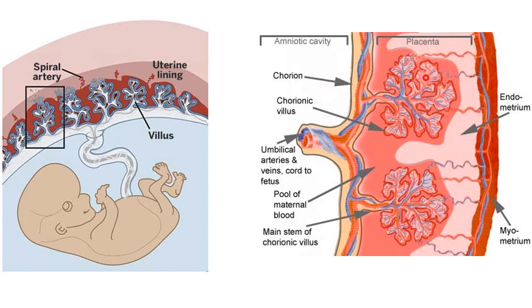All the nutrients will be going to the fetus through the umbilical cord, and gases, oxygen also, will be transported from the mother's blood to the fetus. Waste or carbon dioxide goes from the fetus to the maternal blood for elimination.